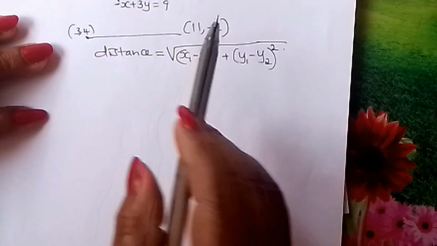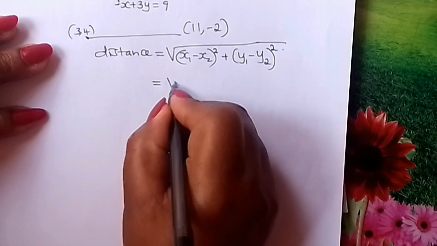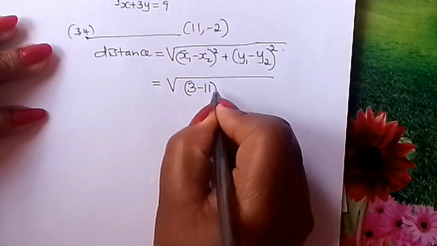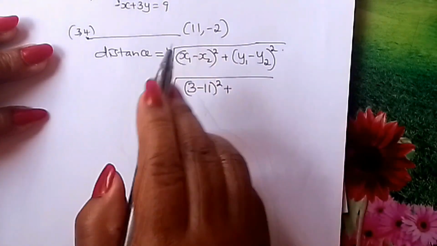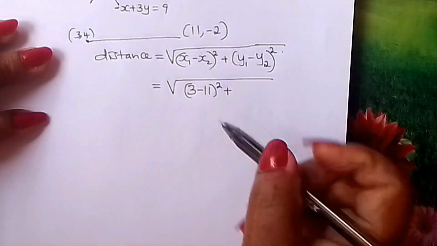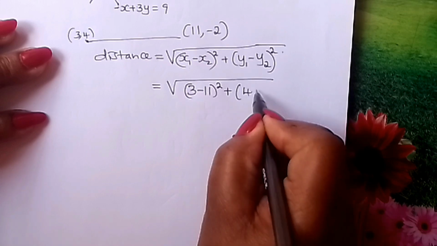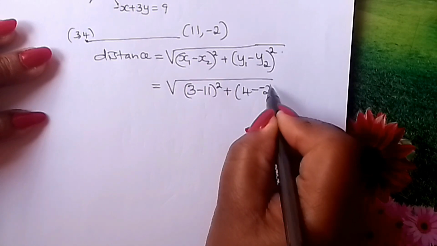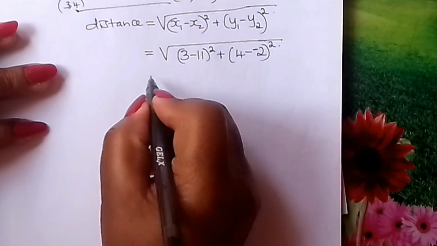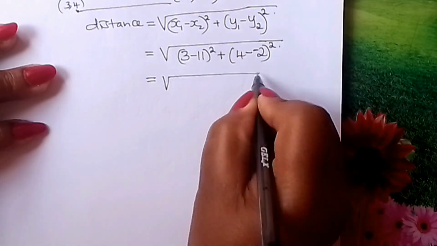So 3 minus 11 squared plus, we go to our y's, 4 minus negative 2, then you square. Here we are. So this is equals to what?